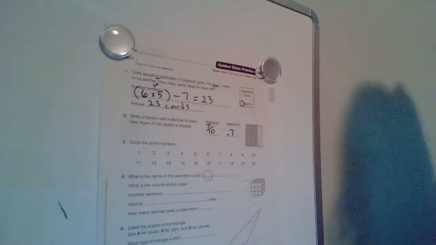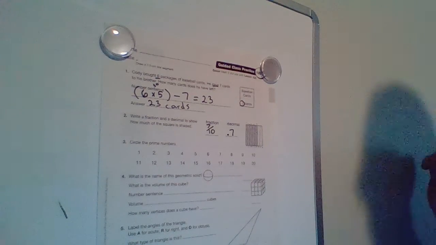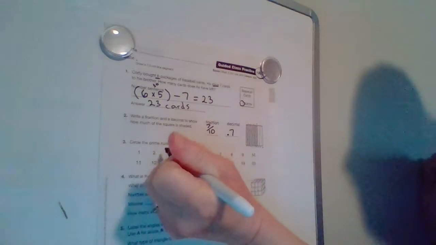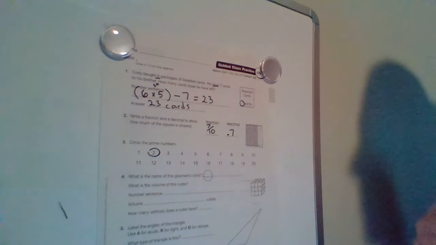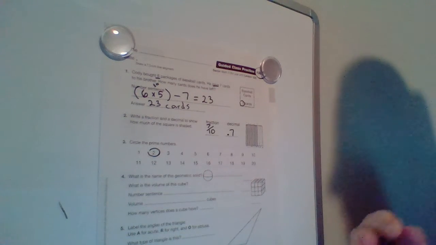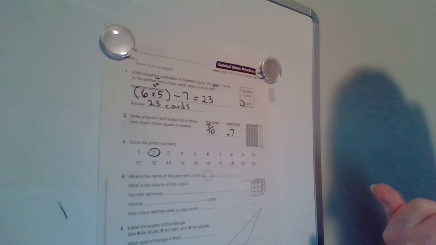All right, so circle the prime numbers. Okay, so the prime numbers, we have 2. Remember that chart that we made the other day, and it said the prime numbers only had 2 factors. Okay, that's how you know a prime number. So 2 times 1 is 2.